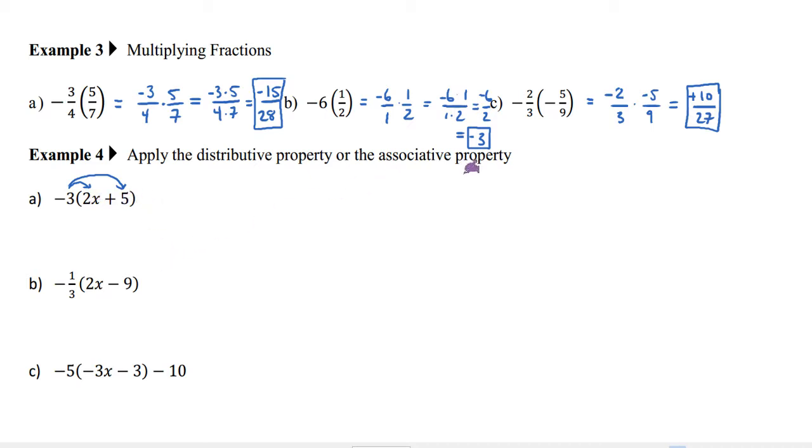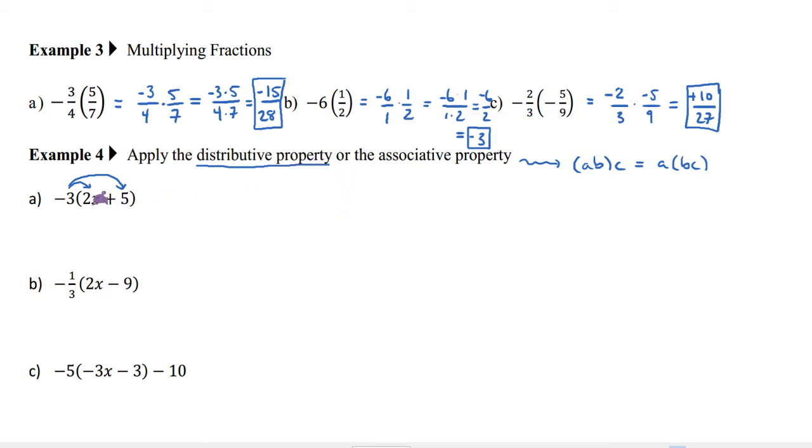The associative property is essentially allowing you to move parentheses around. If you had an expression that looked like a times b and then times c, it'd be the same thing as a times b times c. That's when you could use the associative property. A lot of times you use that without thinking about it. The distributive property is definitely the much more important one that you will need to be careful of.